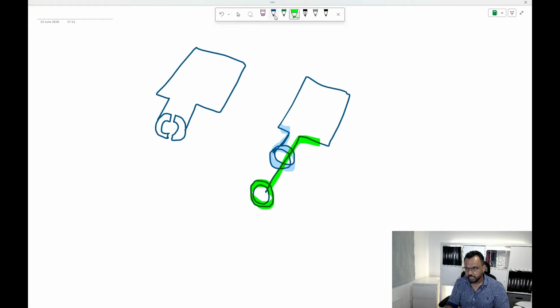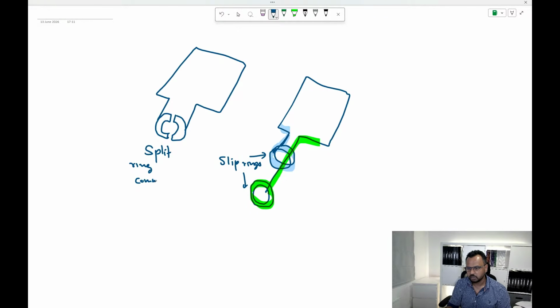This one is split into two parts. So this is a split ring commutator. These are slip rings. I know they sound quite similar. People get confused by that.